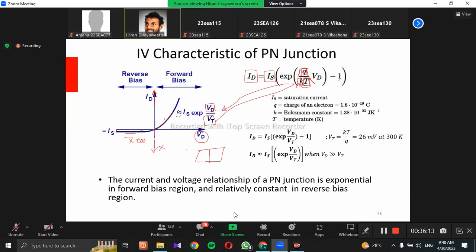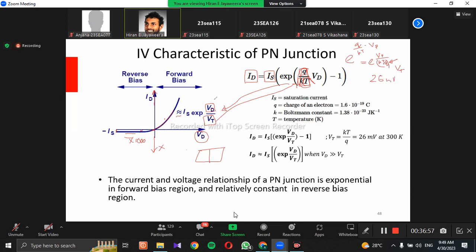Here we have e to the power Q divided by KT times VD, so the same thing you can write as e to the power VD divided by KT divided by Q. This section is termed VT, sometimes called thermal voltage, and at room temperature it is roughly 25.9 or 26 millivolts.